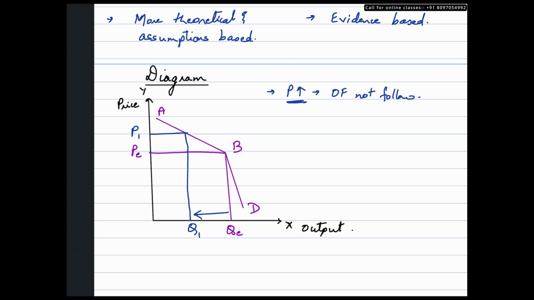Likewise, if this firm tries to reduce the price, let us say this is the new price, P2, we can see that there is an increase in the quantity, but it is a very teeny mini small increase that you can see, correct? What happened over here?